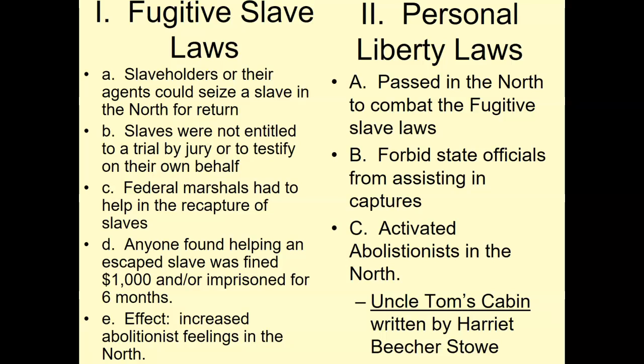The fugitive slave law is going to put people into a moral dilemma. I want you to think about that. No matter what your feelings about slavery are, if you're in the North, in Wisconsin, and a runaway slave happens upon your property, you have to make a personal decision. If you help that slave, you are breaking the law.